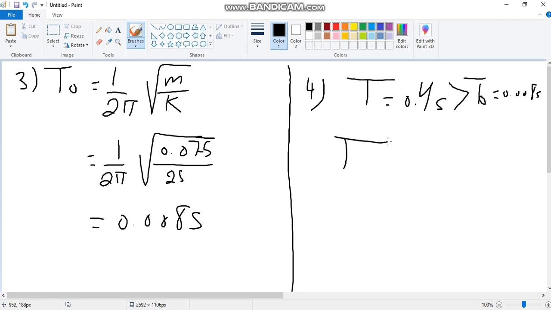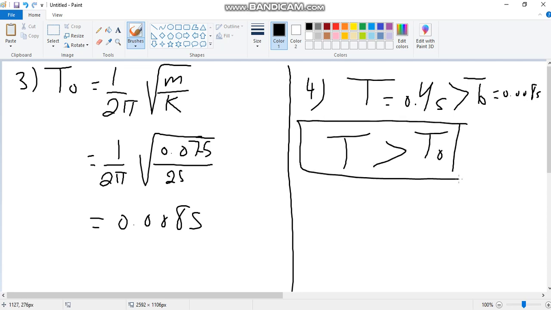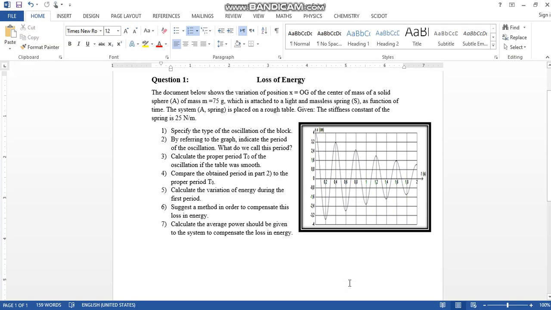We know that the pseudo period is greater than the proper period. We talked about this yesterday during the lesson explanation. This is for part 4.